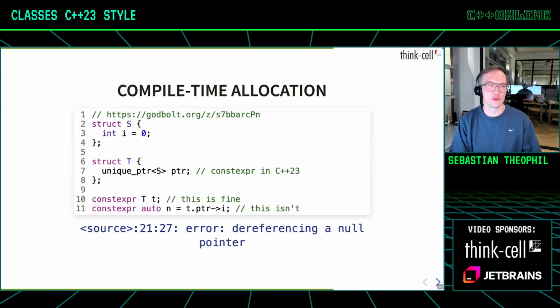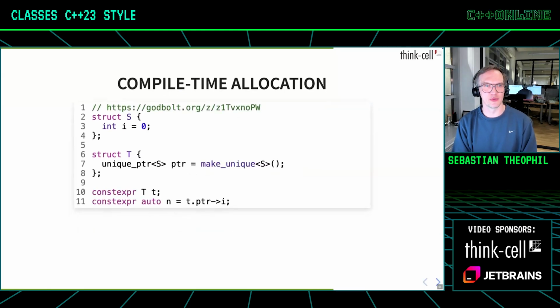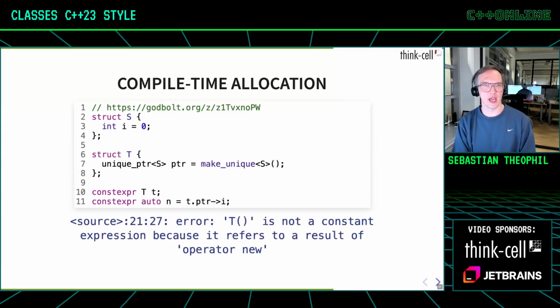Okay, but how do we use the unique pointer at compile time? How do we do memory allocations at compile time? So you try to do this, and this won't work either. The compiler will say that our default constructor for T is not a constant expression because it refers to a result of operator new.